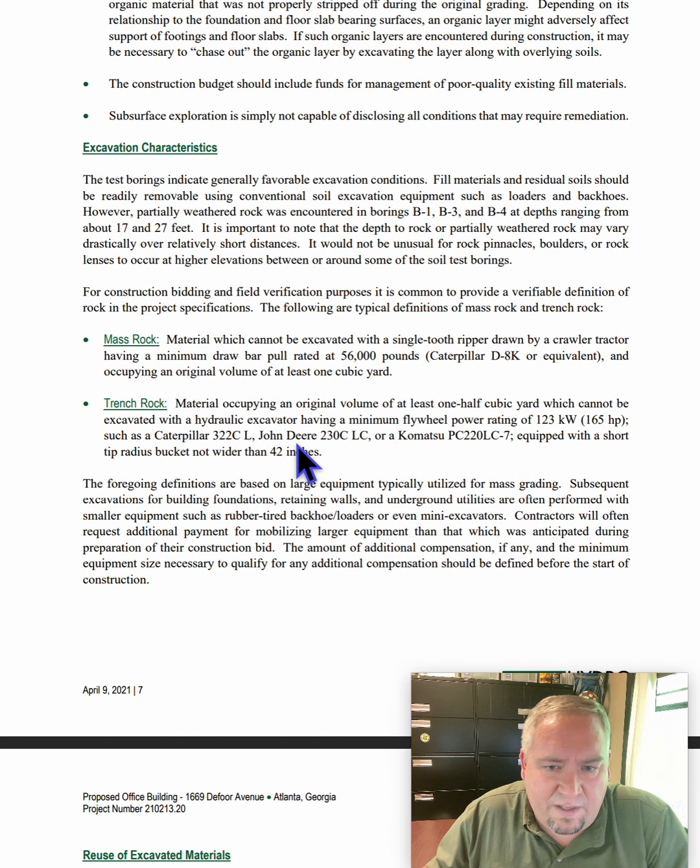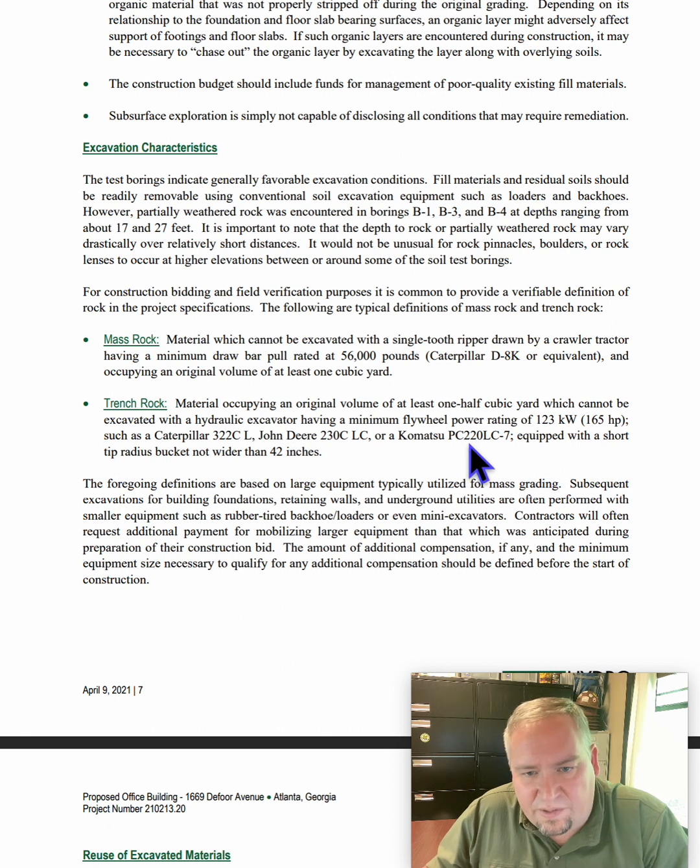Obviously, I've noticed some of the older firms have not updated their equipment numbers. Some of them are using excavator numbers from the 80s and 90s. But this one here has a PC 220 LC7, the 230C John Deere, the 322C. These are newer ones.